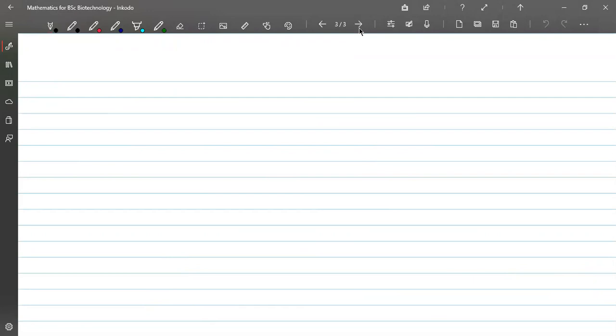So what we'll do is use Euler's theorem, which tells us that there is a relation between the exponential function and the trigonometric function.